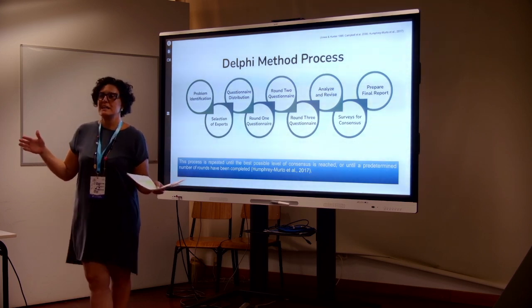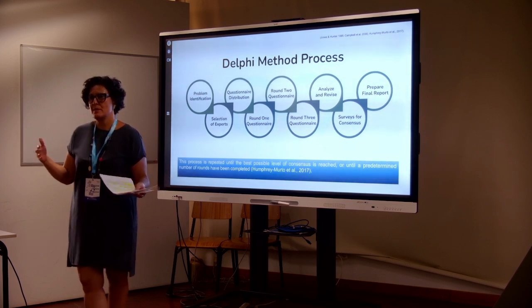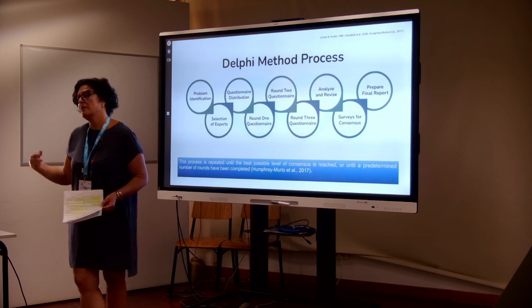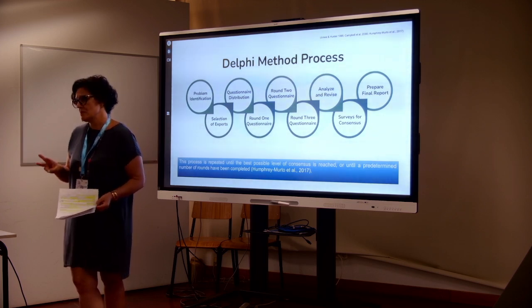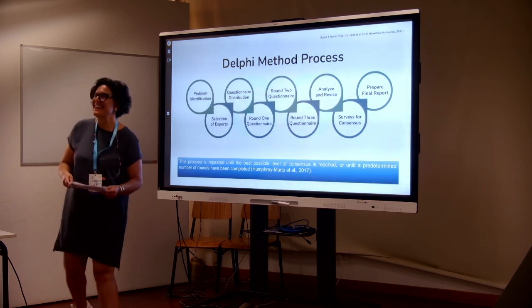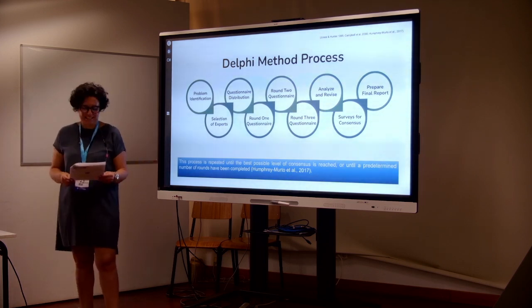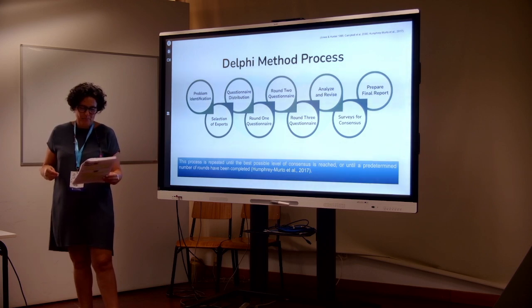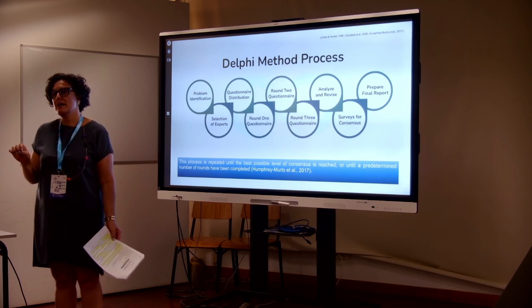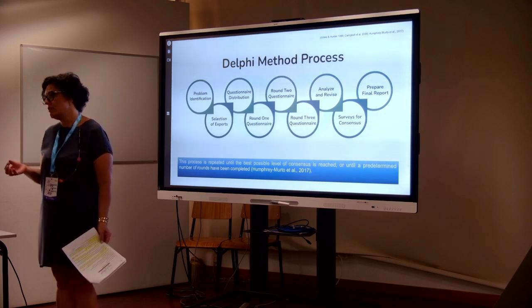One of the advantages of this method is that, with this structure, you can have a very variable number of participants. For example, you have studies with 4 participants, but also a study with more than 3,000 participants. It's an advantage. You can also find some studies where there is no initial questionnaire.